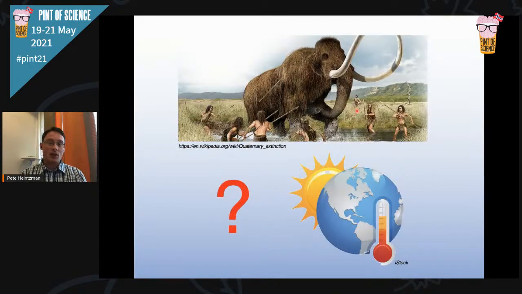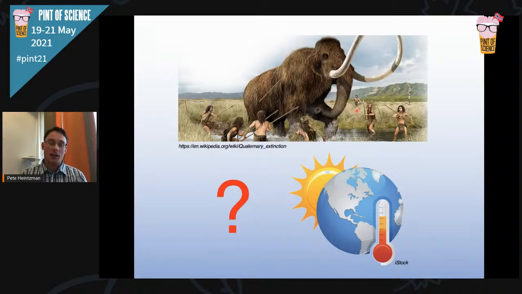There are two competing hypotheses as to what happened. The first is that the megafauna were simply hunted to extinction by people who, when the megafauna went extinct around 10 to 12,000 years ago, were beginning to expand around the Earth.